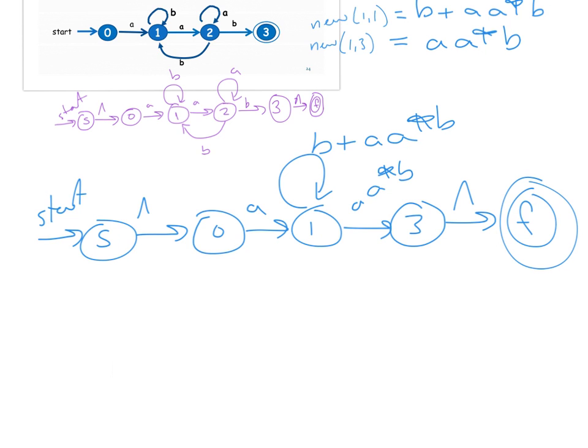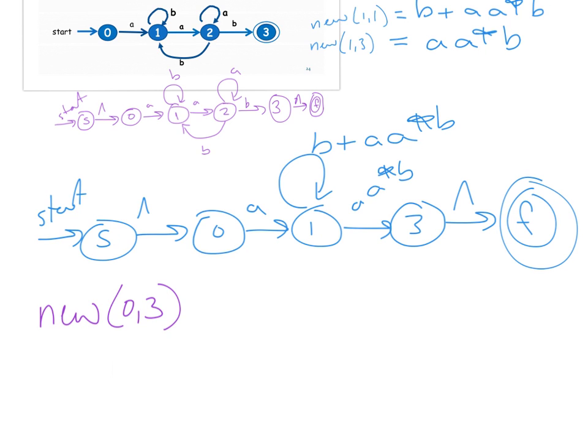So we need to figure out, let's change to purple, we need to figure out a new path from 0 to 3. And of course, remember, I decided to eliminate state 1 because I feel like eliminating state 1 now. I could have picked any other one. The problem said do state 2 and then state 1, so let's do that.